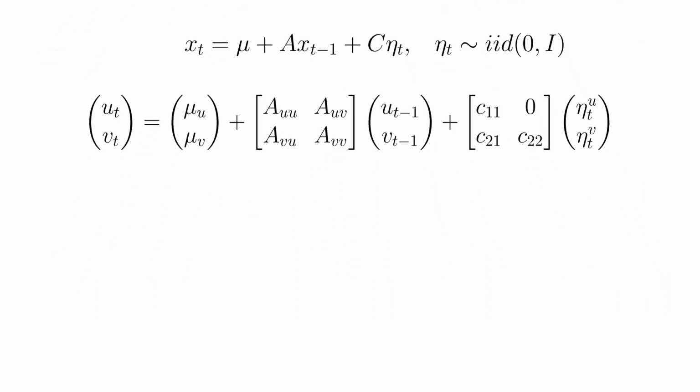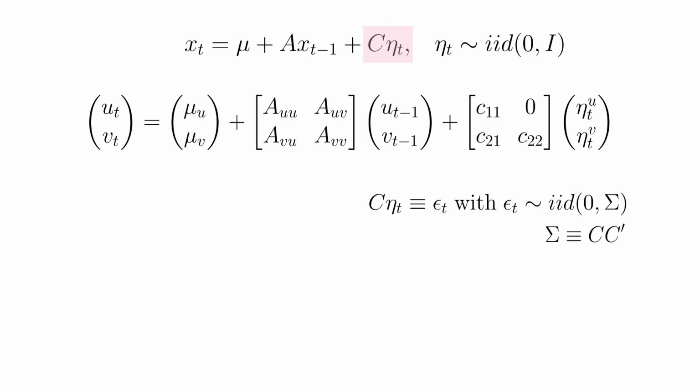So note that the product of volatility matrix times structural shock can be written as a statistical shock, meaning C times eta t is equivalent to epsilon t, where epsilon t is an IID variable with mean 0 and covariance matrix sigma. And it holds that sigma is equivalent to C C transpose.